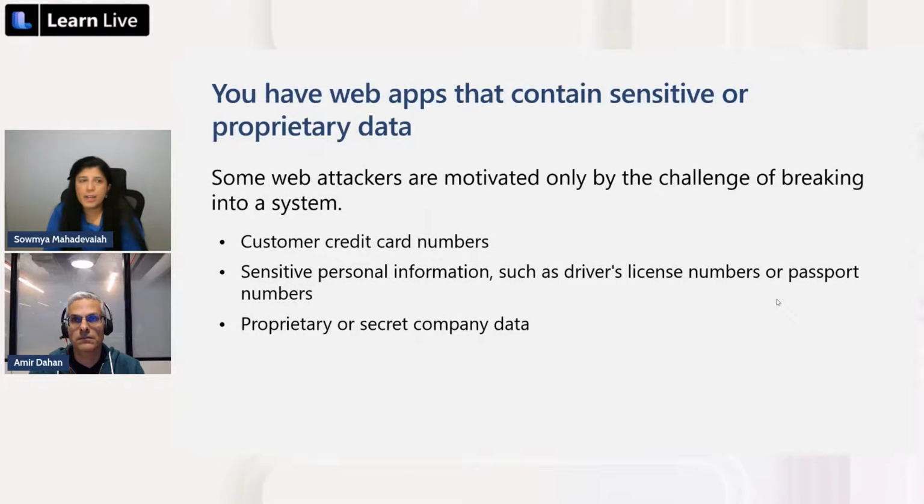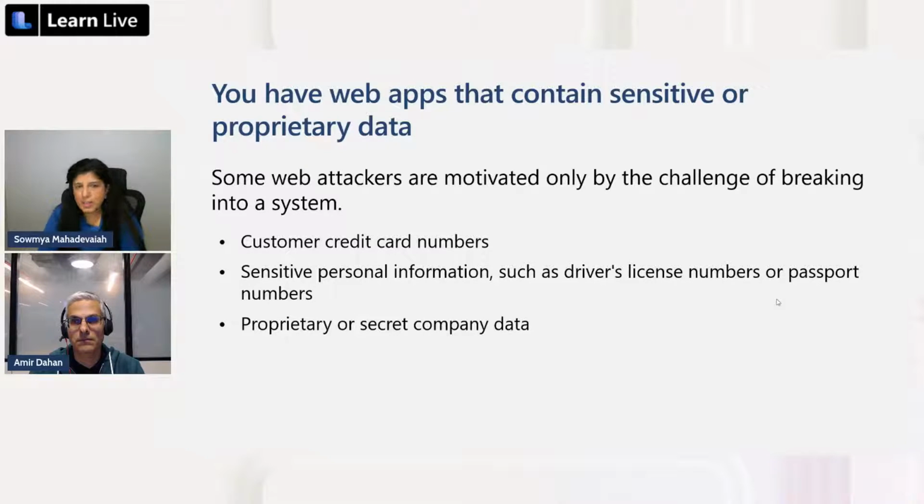The first scenario is that you have web applications that have sensitive or proprietary data. An example of this is a payment site. You may have credit card information, and other personal information of the users like passport information and other types of secret data. And you're motivated to protect your users' data.